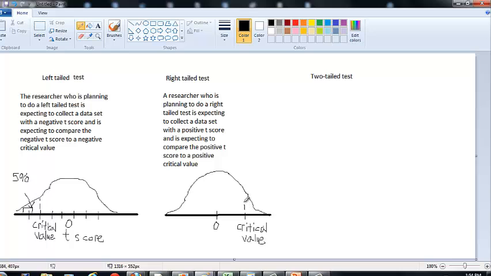And the positive critical value in a right-tailed test is the critical value that has 5% of the possible combinations to the right of it. 5% of the combinations have higher t-scores than this critical value, because this number line is showing t-scores.